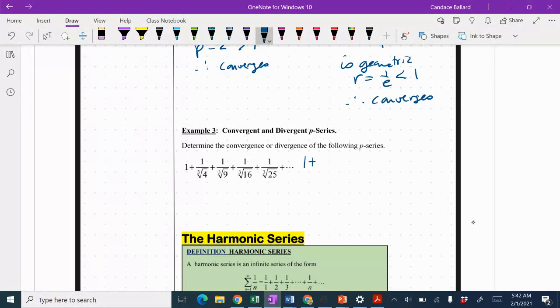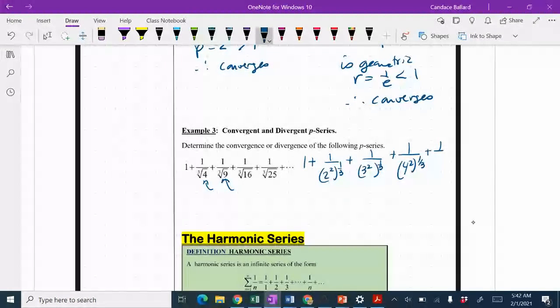It's tough to tell with a 1, but I could rewrite this as 1 over, instead of writing 4, I could write it as 2 squared to the 1/3 power plus 1 over, that looks like 3 squared to the 1/3 power plus 1 over 4 squared to the 1/3 power plus 1 over 5 squared to the 1/3 power plus dot, dot, dot.